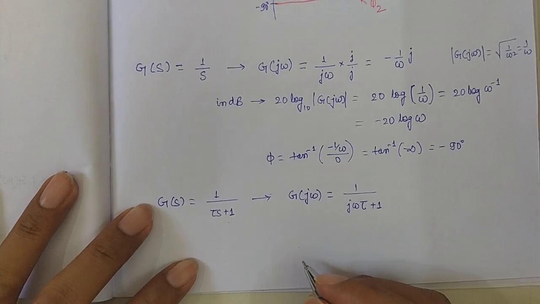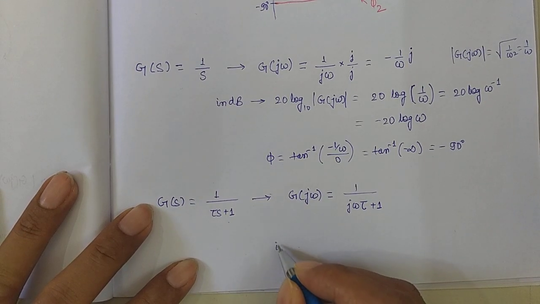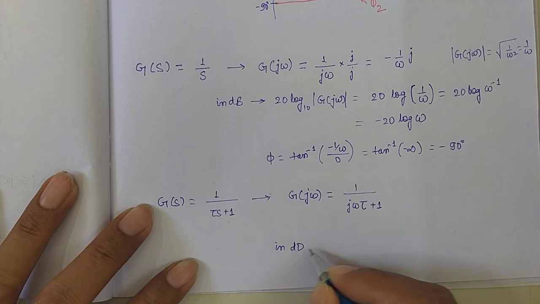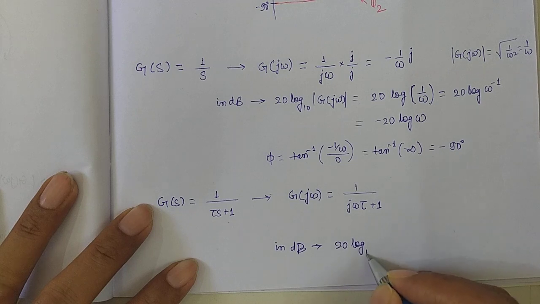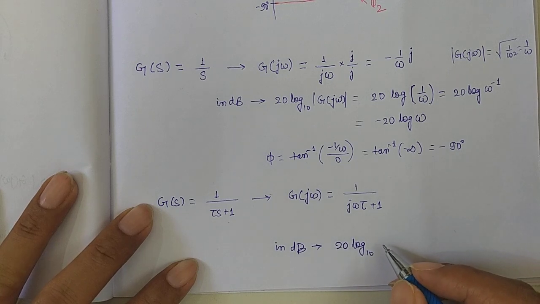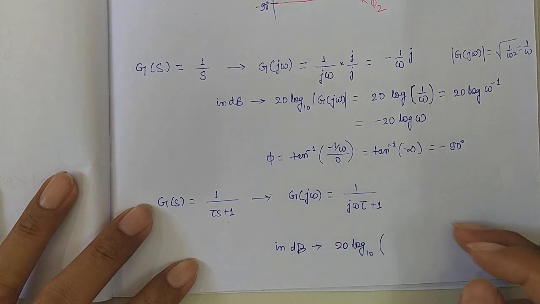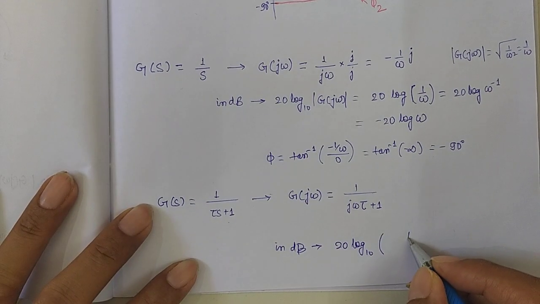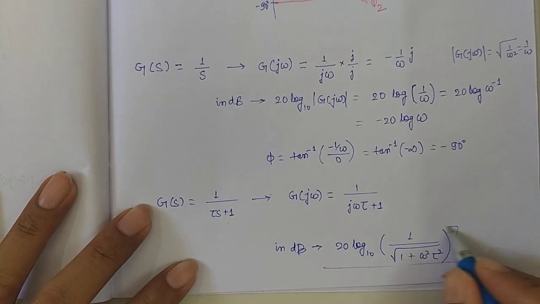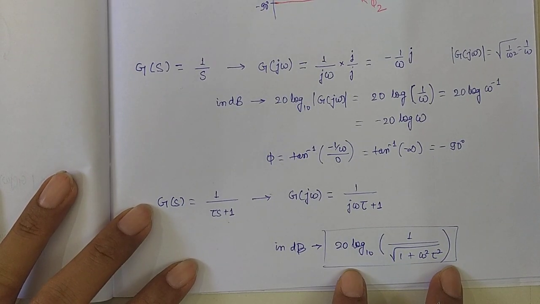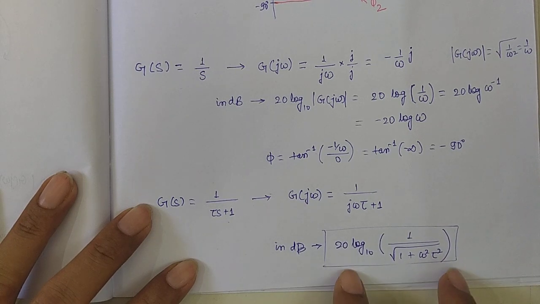Now the magnitude in decibels, you will write as 20 log base 10 of 1 upon under root 1 plus omega square tau square. This is how the gain, the ratio of output to input, will vary.